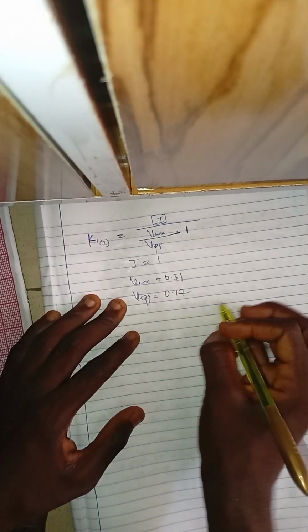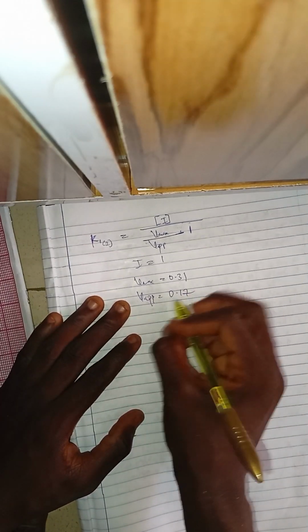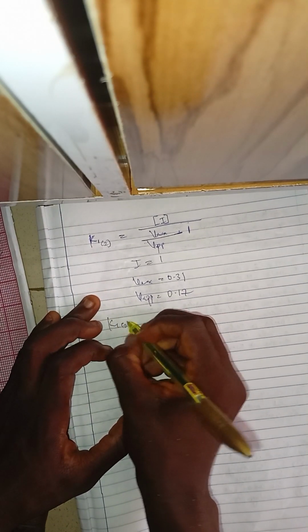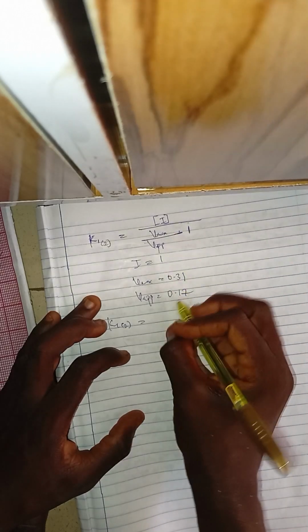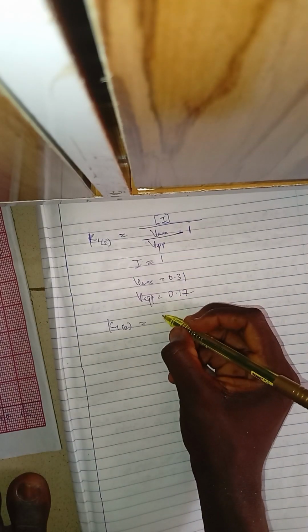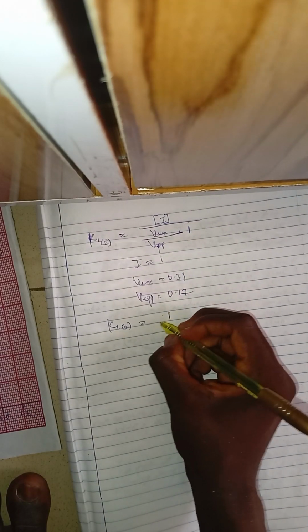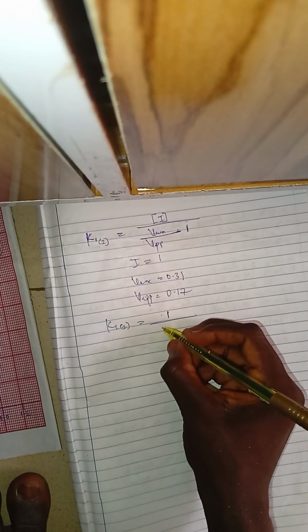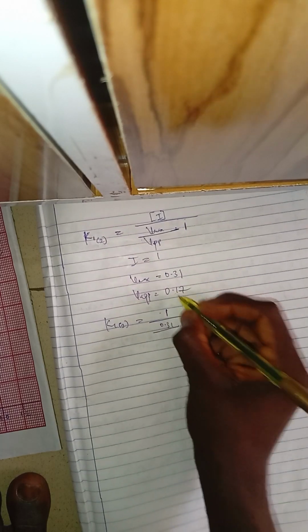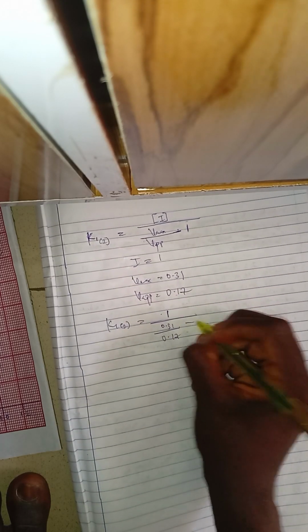So what do we do now? Use the formula Ki2 is equal to the inhibitor concentration, which is 1, all over our Vmax real 0.31 divided by 0.17, minus 1.